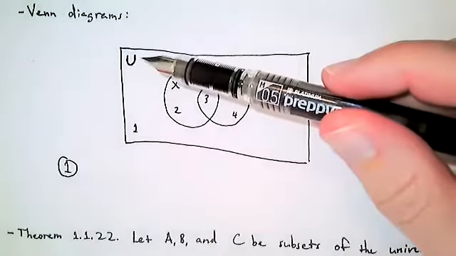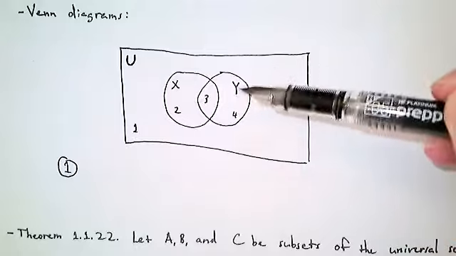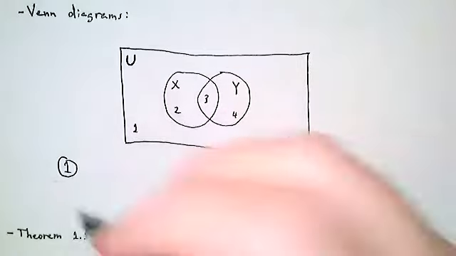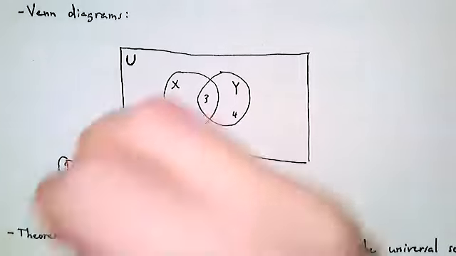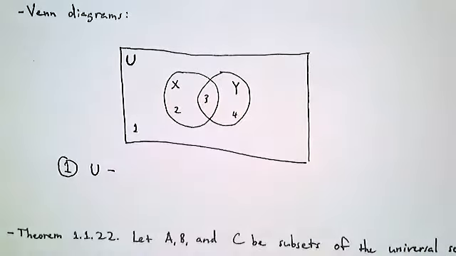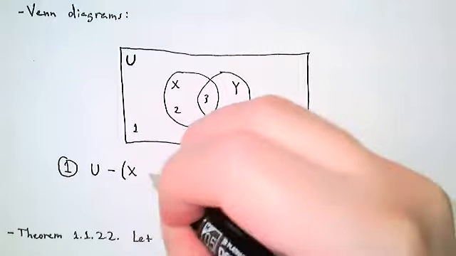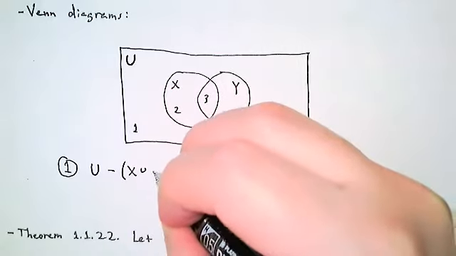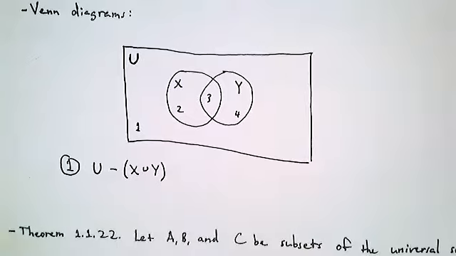So what I need to do is take my universal set and subtract off these other two sets. And here's how we might write that. I have my universal set U, and then I want to subtract off both X and Y. So I can take their union and subtract both of them.